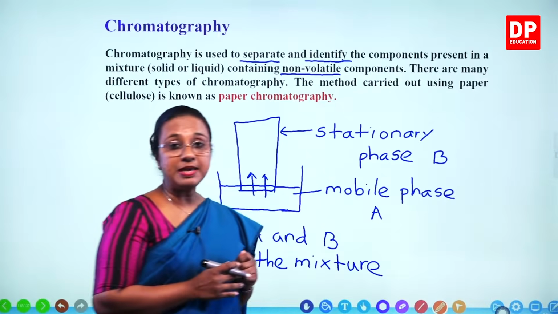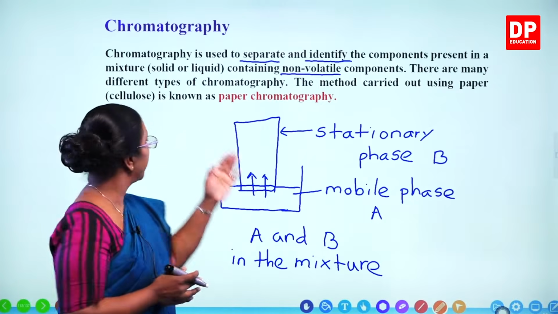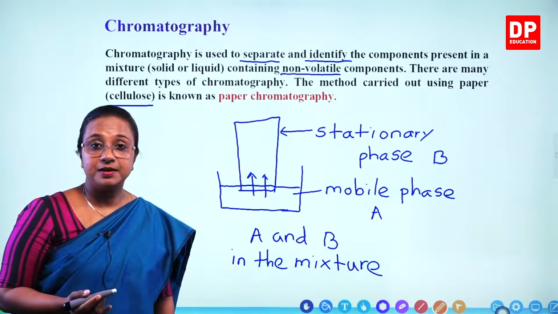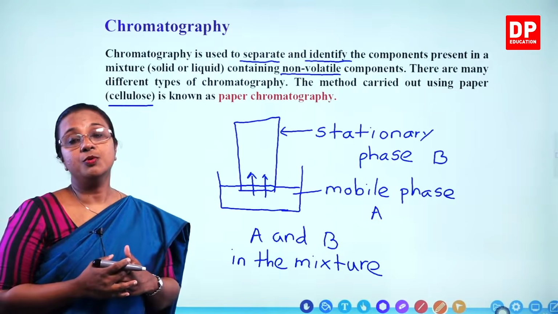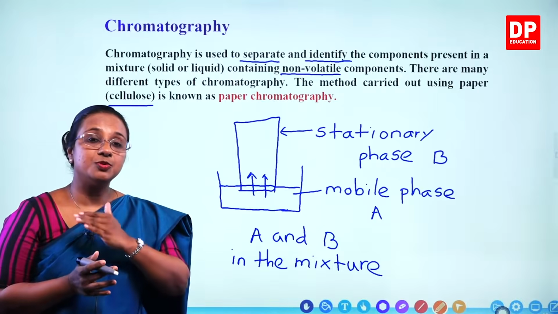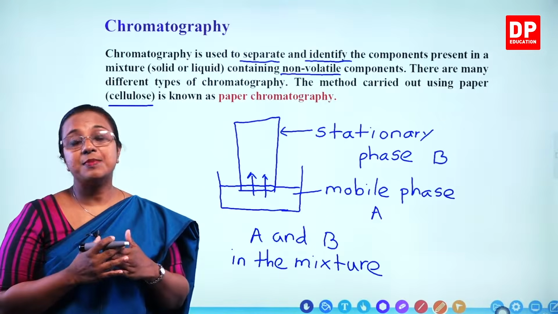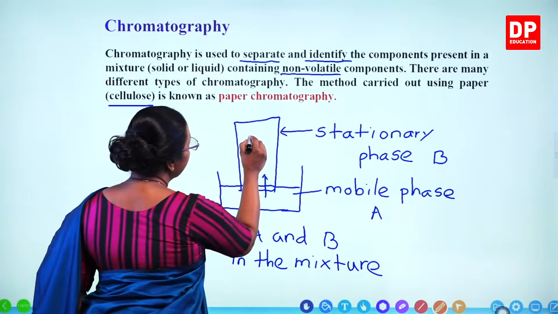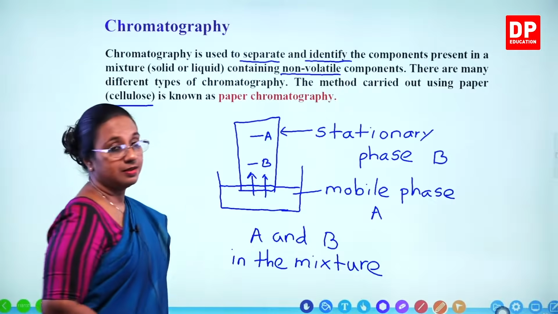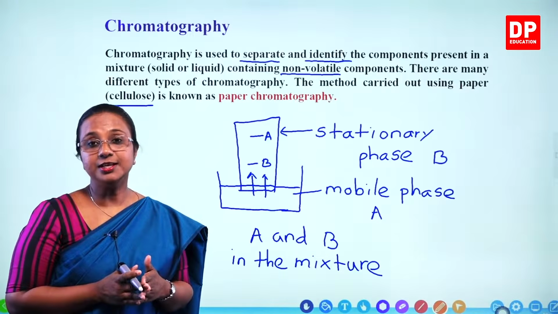Whereas component B that prefers the stationary phase, that is the paper or cellulose, the main component present in paper, will be retained more by the paper. Because of that, when the mobile phase moves along the stationary phase, the two components will get separated out. Component A might move up to this point and component B will be left behind. So, there we get the separation of both the components.